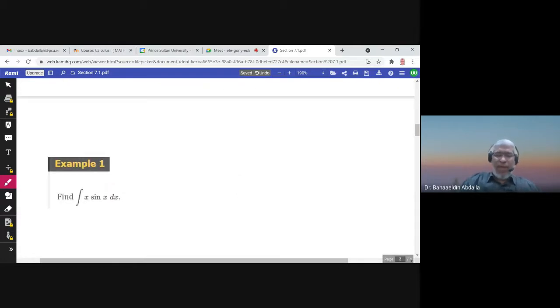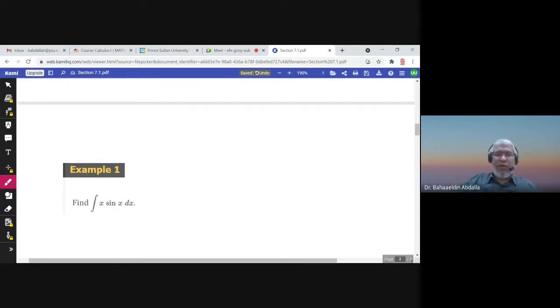So here, let me give you a formula to work with. If we have a logarithmic function, we take it as u immediately. If not, look for inverse trigonometric functions, like tan inverse, sine inverse.